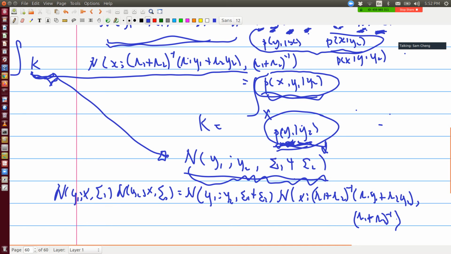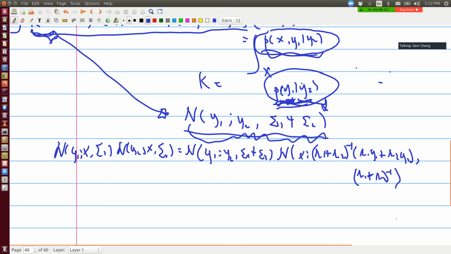It's very interesting because it looks complicated, but you can interpret many things in an expression like this. If you think of multiplying this, what's the mean? The mean is actually a weighted sum. You have observations and you want to estimate x.